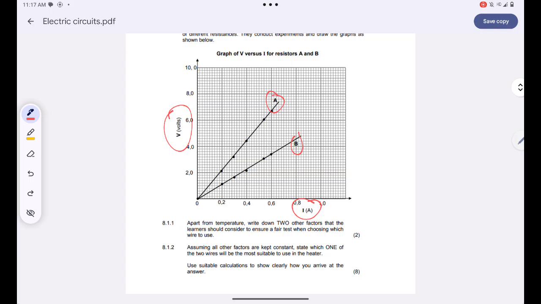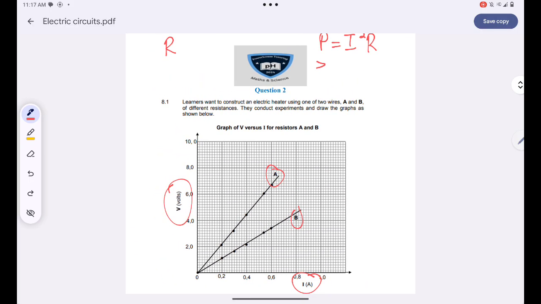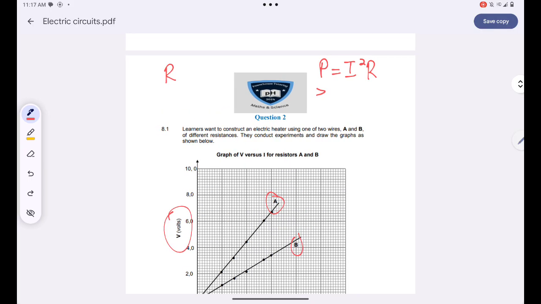Then we are told that, assuming all other factors are kept constant, state which one of the two wires will be most suitable to use in the heater. Remember that we want to find a wire that will give us more power. The one with the higher resistance will be more suitable. Let's just find that.